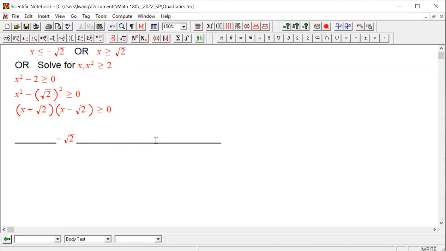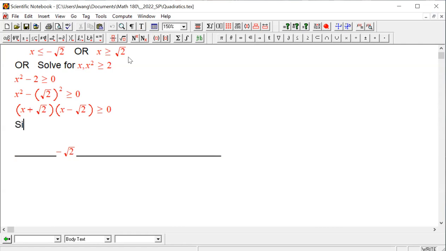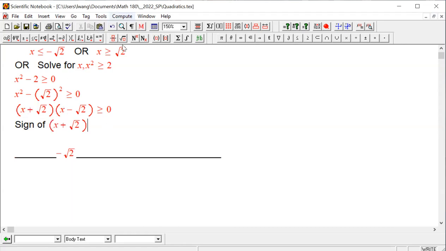Look at the sign of x plus root 2. If you pick a number less than negative root 2, the sign is negative; at negative root 2 it is 0; larger than negative root 2, it's going to be positive.